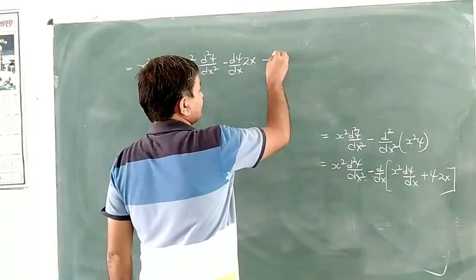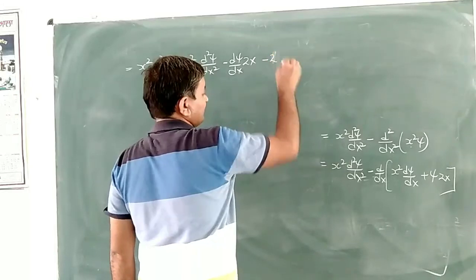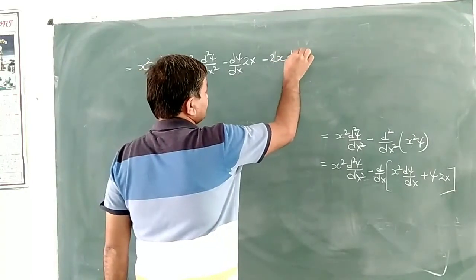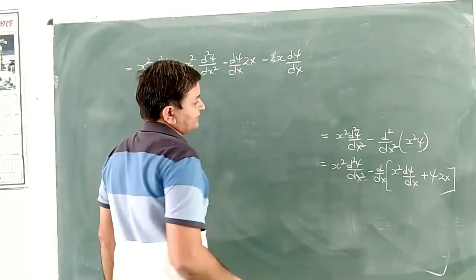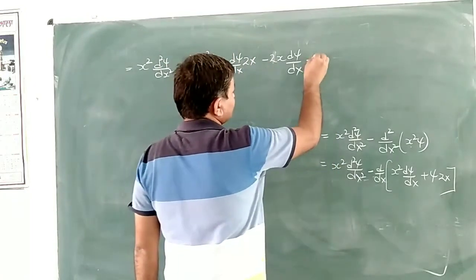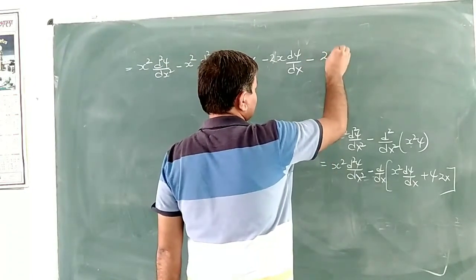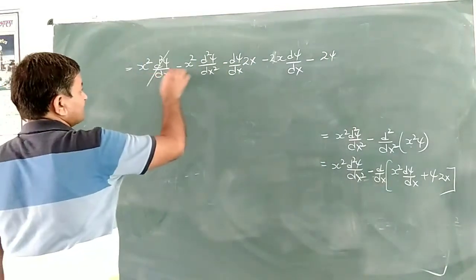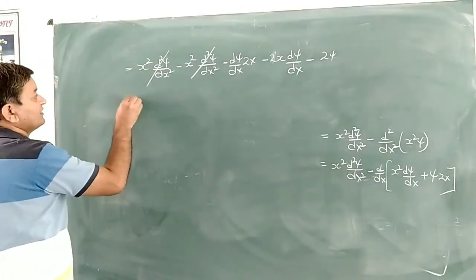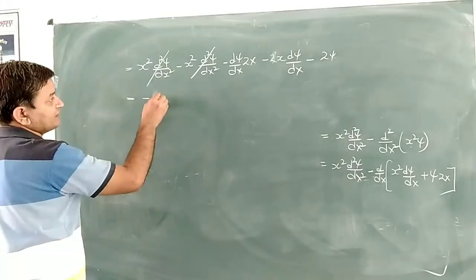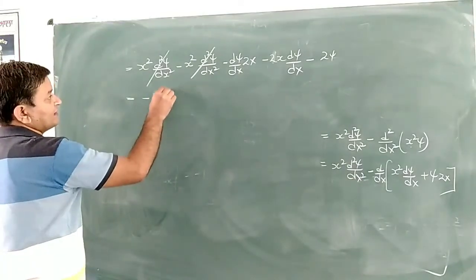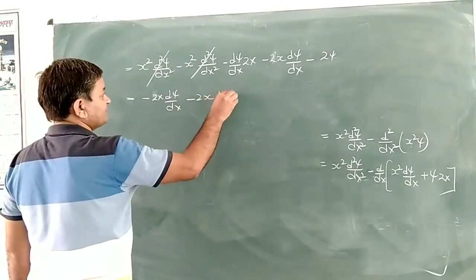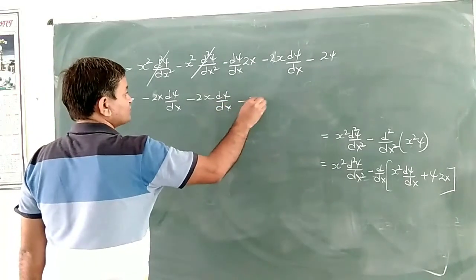The 2 is, we will write the 2 here, and the function is x as such and 2 d psi upon dx, and after that here is the minus 2 psi and differentiation of x is 1. So this is plus and this is minus, which cancel. So we are left with this: 2x d psi divided by dx minus 2x d psi divided by dx minus 2 psi.